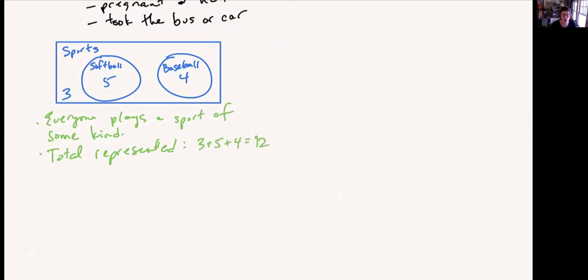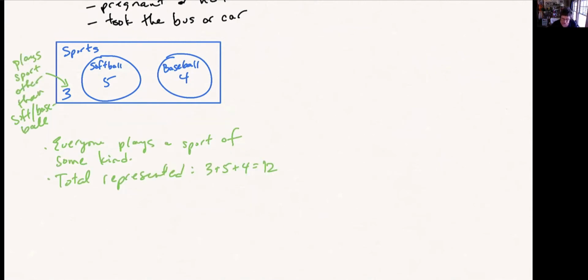So we have 12 people total represented here. Now this 3 here is someone who plays a sport, but it's not softball and it's not baseball. This 5 here means these are all the people who play softball, and the 4 is all the people who only play baseball.